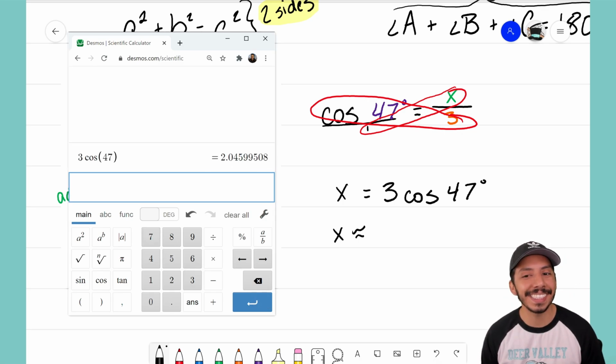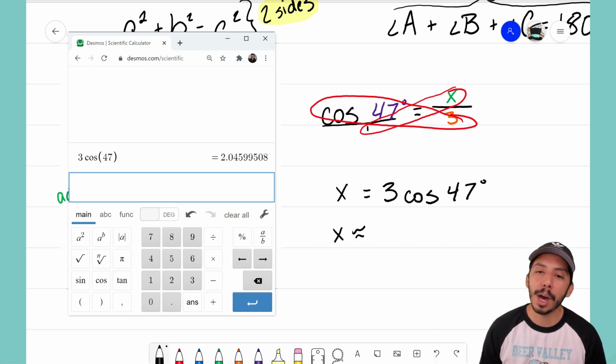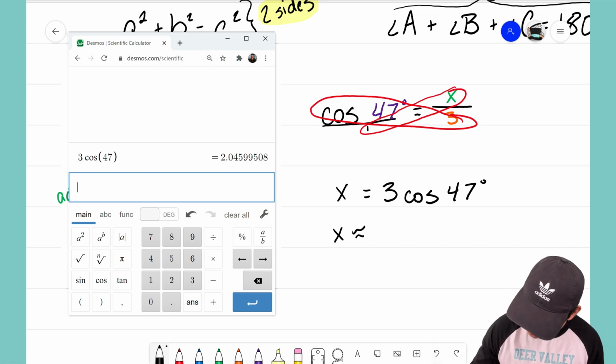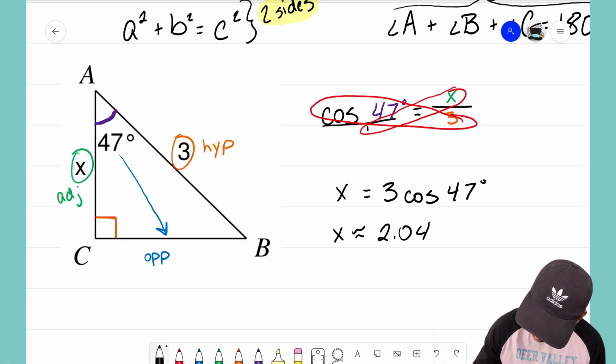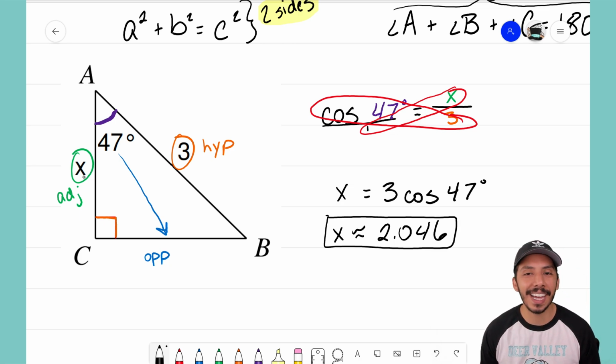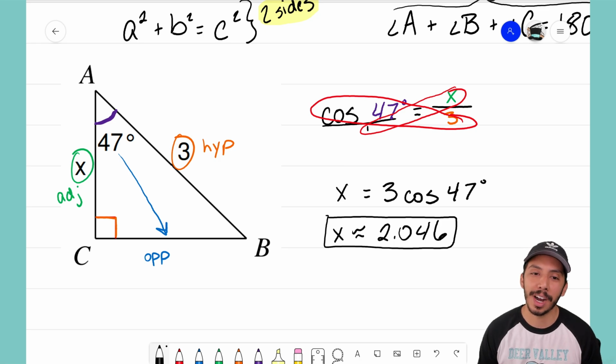So I type that in and I see that 3 times cosine of 47 degrees equals approximately 2.046. And we have now determined that missing side of this right triangle using cosine.